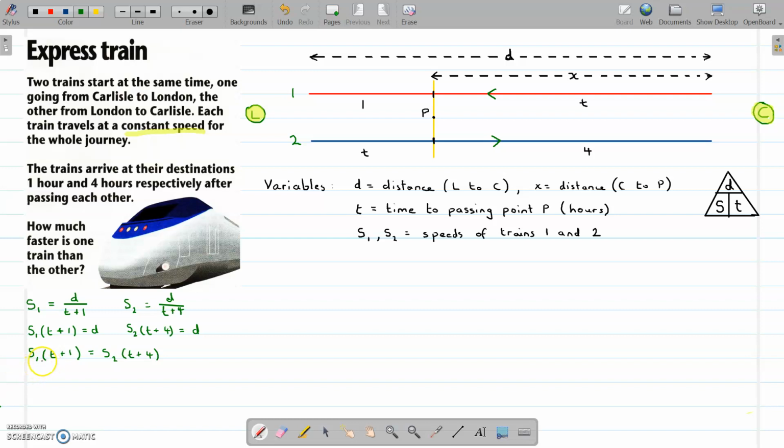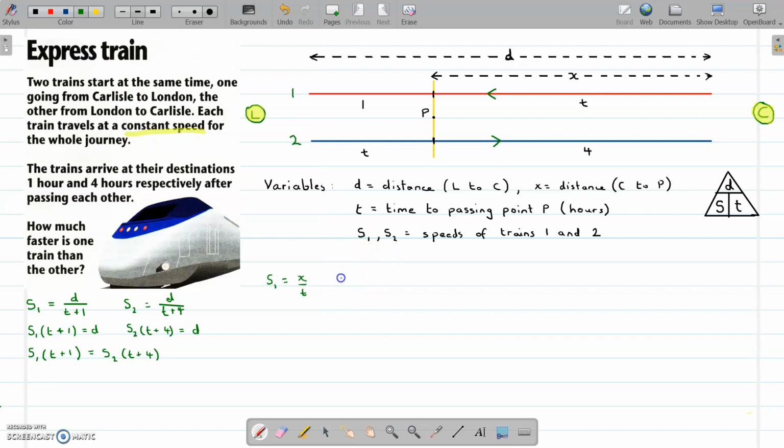Now we move on, and I'm going to make another expression for S1, the speed, and S2, the speed of train 2. And this is what I'm going to do. I'm going to look at the section of the journey where train 1 travelled from Carlisle to the passing place where they passed each other. And that is going to be, I'll put it here, that S1 is equal to the distance x divided by t.